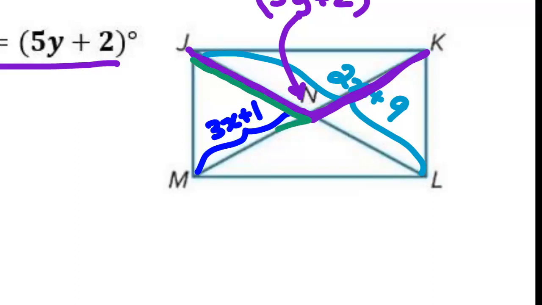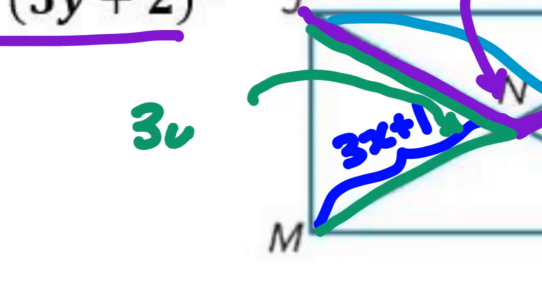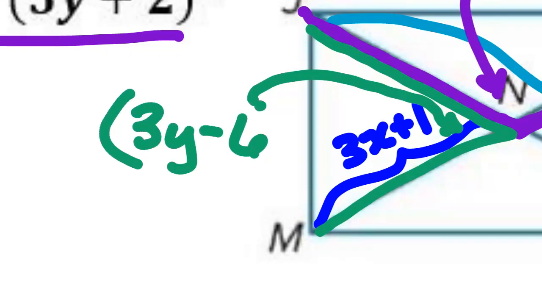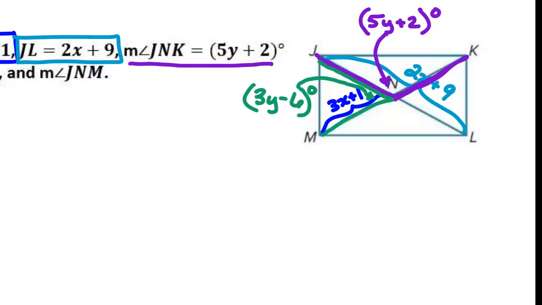JNM. This angle right here is 3y minus 6 degrees. So using that information, we want to find the values of x and y. We want to find the length of MK. We want to find the measurement of angle JNK and the measurement of angle JNM.